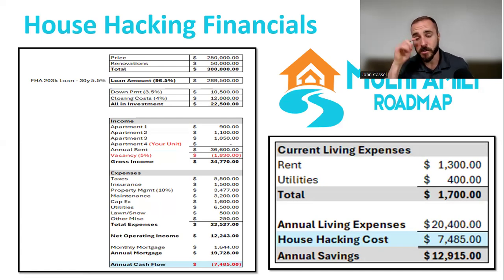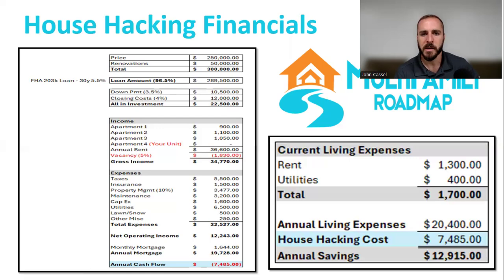And what you can get now is an FHA 203K loan, which is a loan that wraps in not just the purchase price, but the unit renovations and any upgrades that you're going to do. Like I said, you can get into it for low down, only 3.5% down. So your loan amount comes out to $289,500. That's 96.5% of that total 300 with the renovation included.